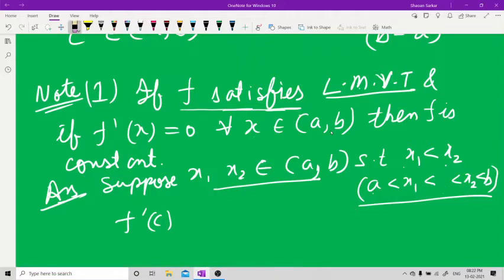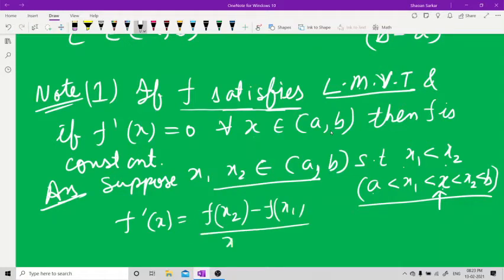Let me call it x. That would be a better option. This x point is behaving like c. So f'(x) is equal to (f(x2) minus f(x1)) upon (x2 minus x1). This they are saying.